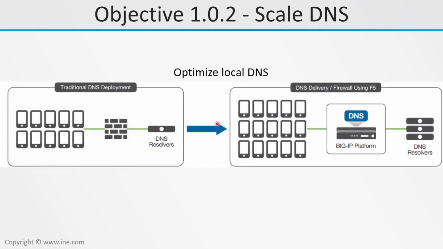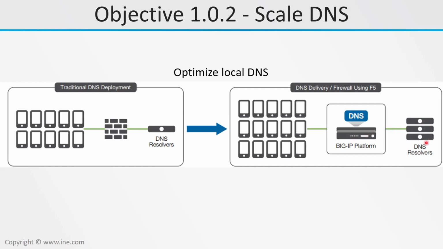Okay, and another way to scale DNS is really optimizing the local DNS. So we can essentially get rid of the traditional setup where we have a firewall and one DNS resolver, now we can use the BIG-IP DNS in place of the firewall, so the firewall is not a bottleneck, and the DNS platform can perform its DNS services much faster than a traditional firewall could respond or pass traffic through.